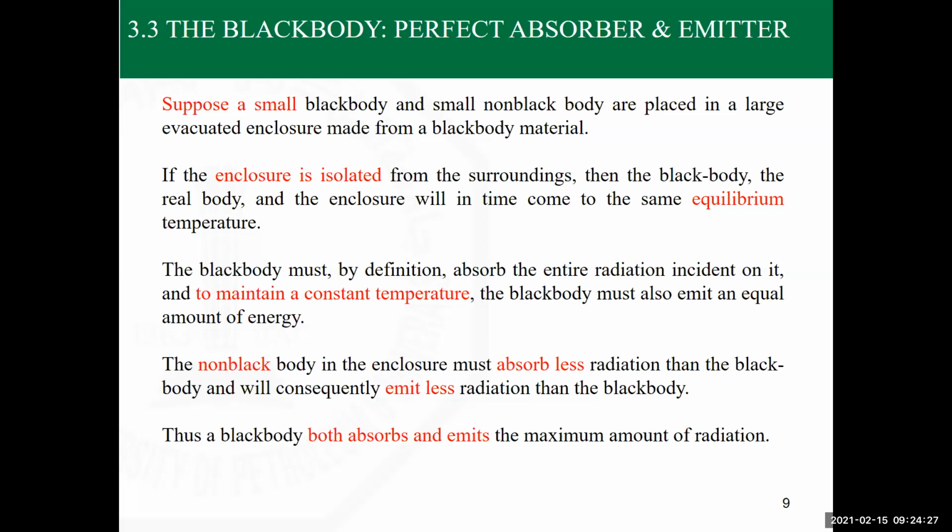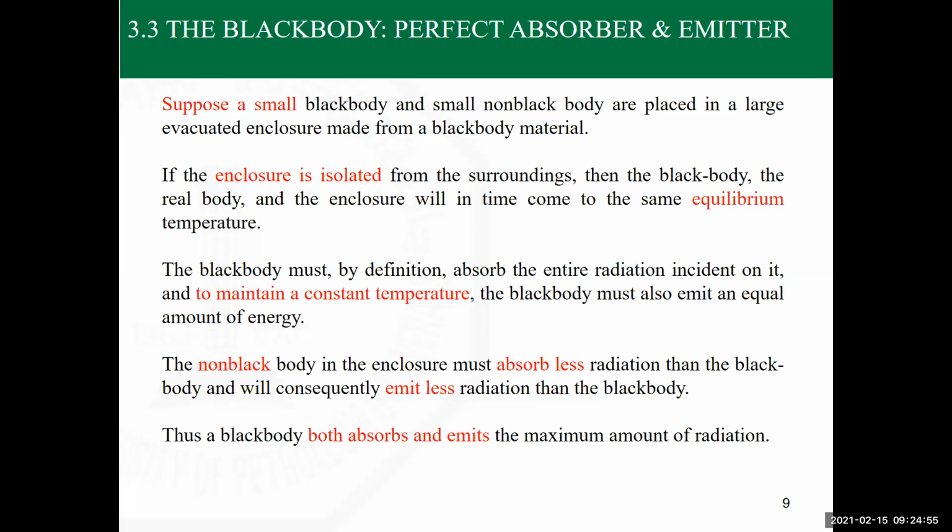The black body receives the highest amount of radiation. It keeps all the radiation in. The non-black body absorbs part of the radiation and reflects part of it. But when you say that both of them are going to reach the same temperature and they are in equilibrium, it means that the amount of energy in is equal to the amount of energy out.